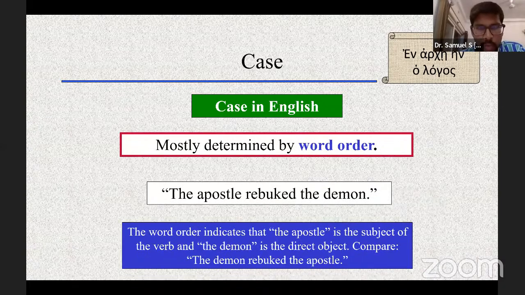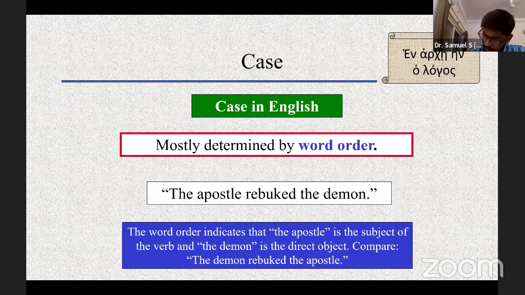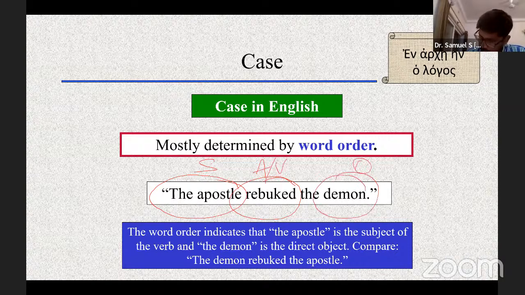This is the example. The apostle rebuked the demon. Here the apostle, subject, rebuked, action or verb, demon, object. The subject, the apostle, is doing the action, rebuking. The demon is the object which is receiving the action, rebuking, right?